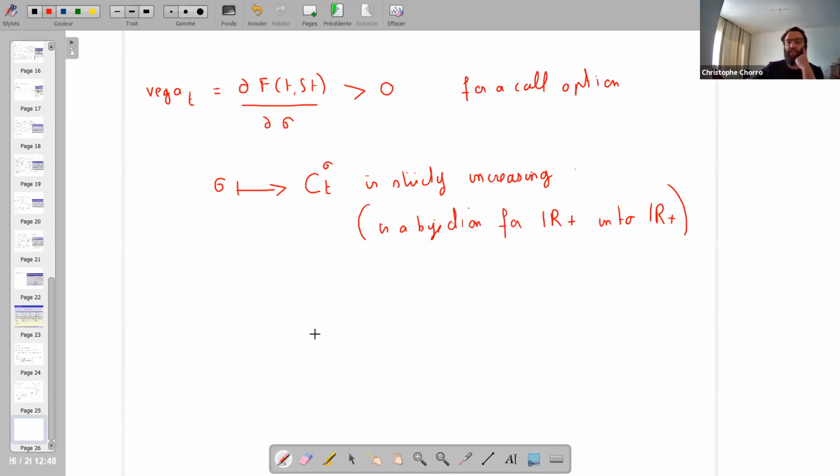Why is this fact interesting? This fact is interesting because in the market, sometimes you can observe the price of some call option.